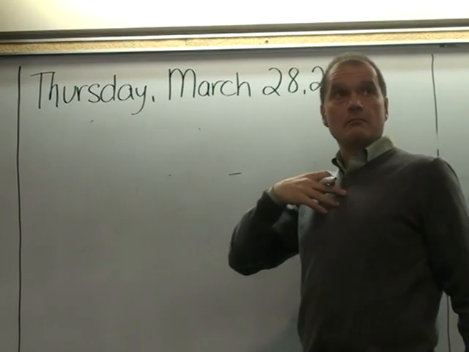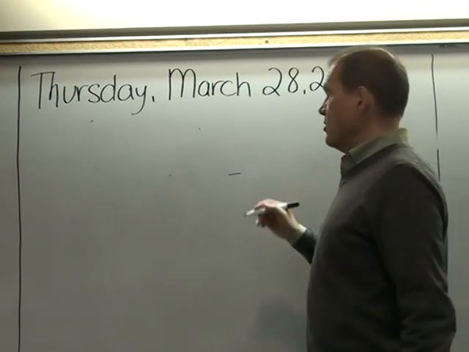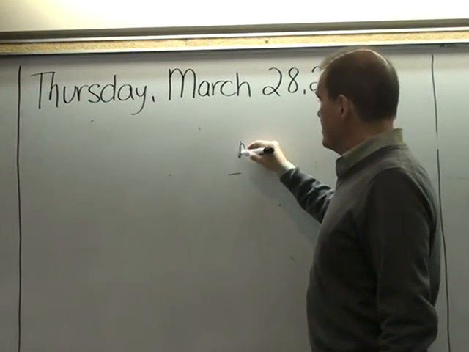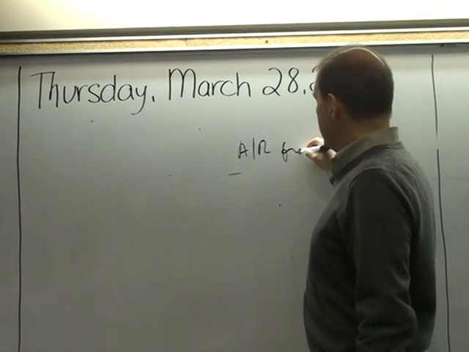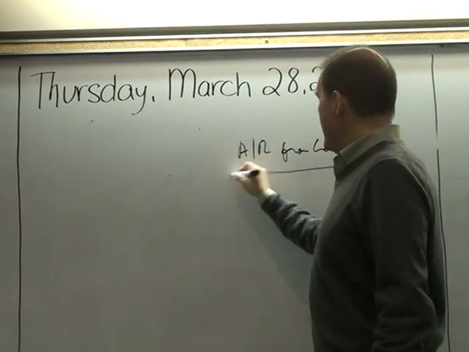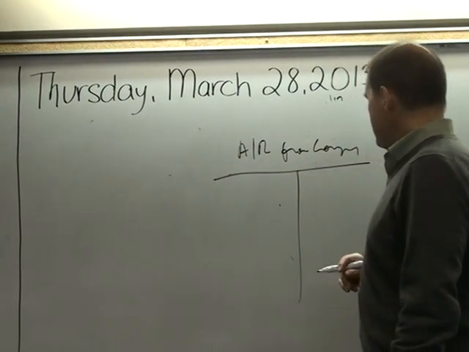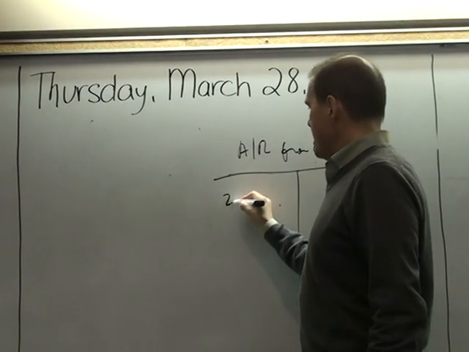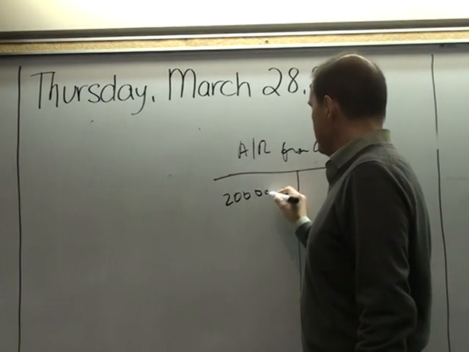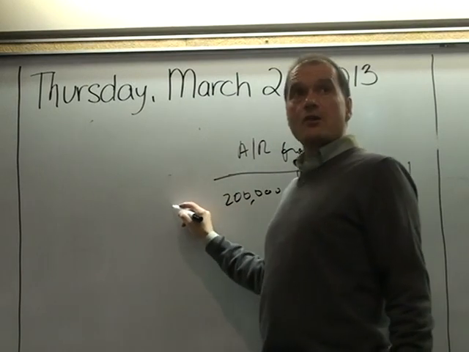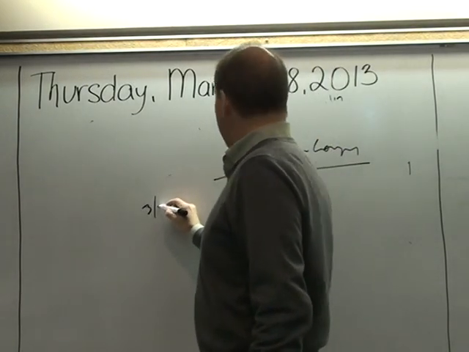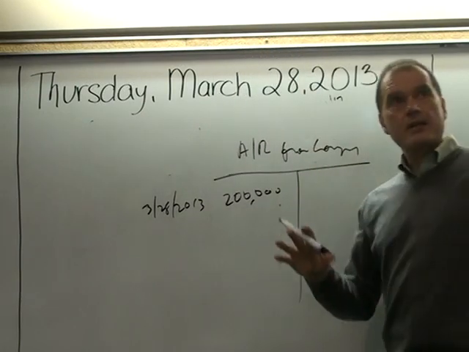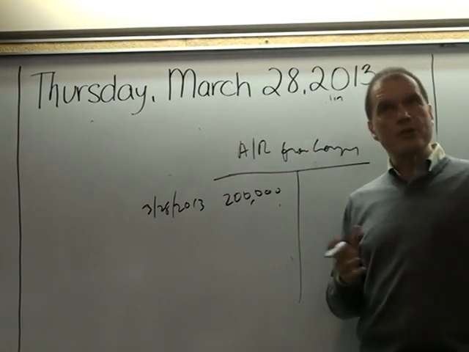So this is my personal general ledger, and I've got an account called accounts receivable from company. And it's in a debit balance, which is great. And let's say it's $200,000. And that's on March 28th, 2013. And again, my company has a March 31st year end.